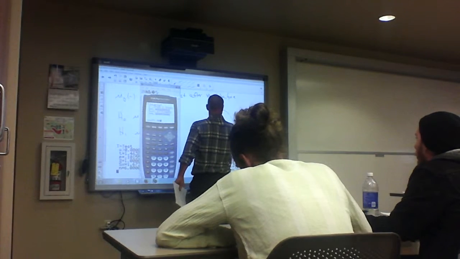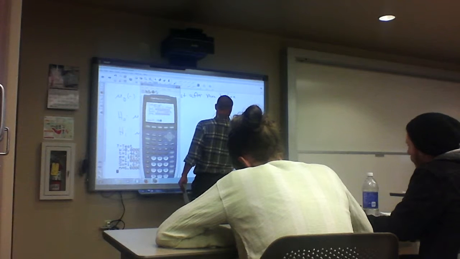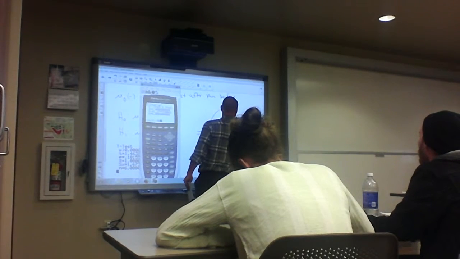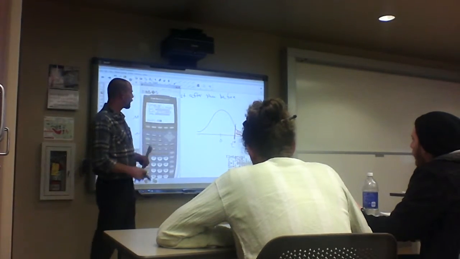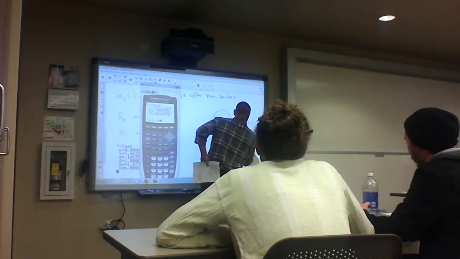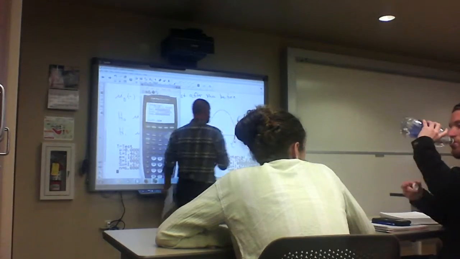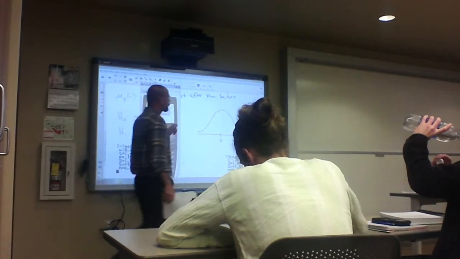So for T-star, our T-star is here. This is alpha equals 10%, because it's only one-sided. It's one-sided, and so it's not broken up into 2. It's only 1 minus alpha over 2 if it's two-sided.